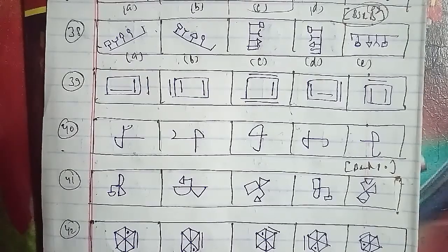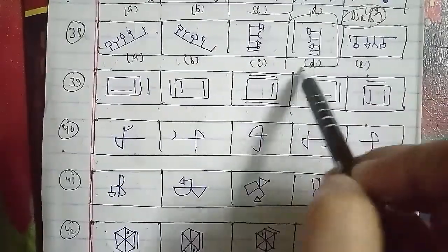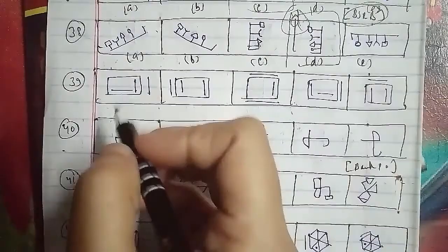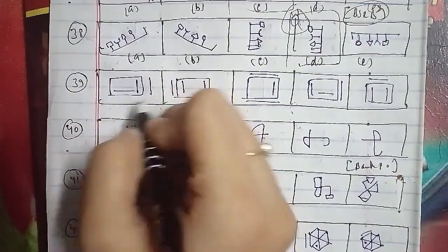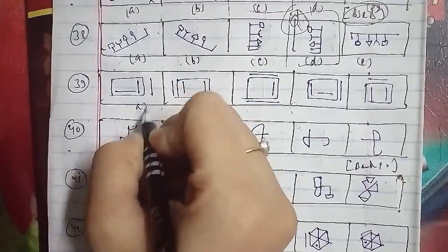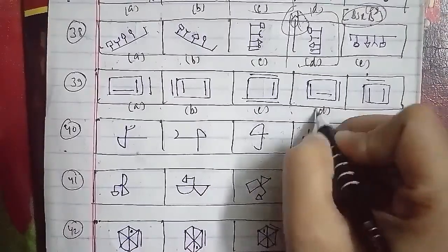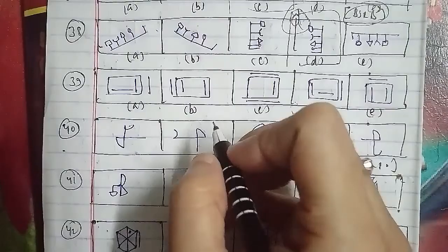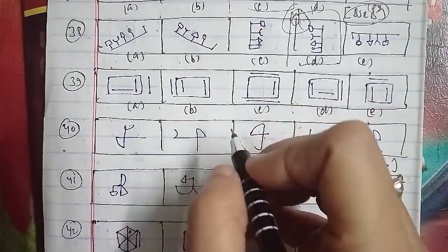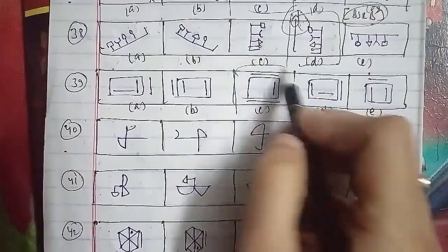We'll talk about another one, which is the 39th question of the session, where in a square there is a line, named A, B, C, D and E. In all the other figures, the square has two lines inside and one line outside, so the figure we have is C, which will be the odd one here, because in all the others two lines are inside and one outside, but here two are outside and one inside.